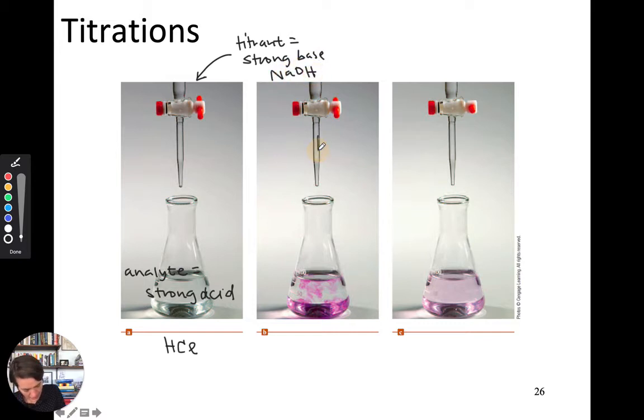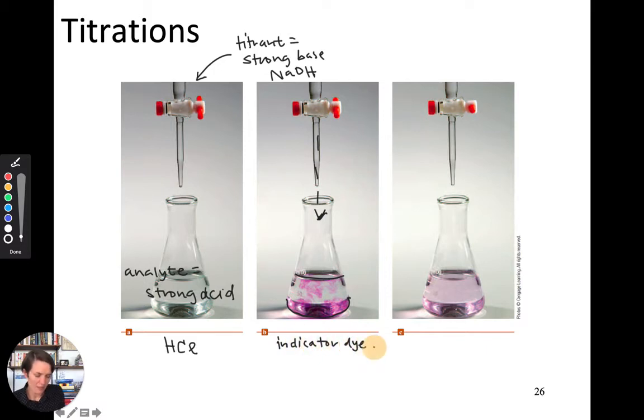Now we are adding NaOH just a drop at a time. The utility of the burette is you can add very small volumes at a time, and it very precisely measures the amount of volume dispensed. It's going to be added to our beaker, and you can see here that we're starting to get this pink color. That pink color is from an indicator dye.